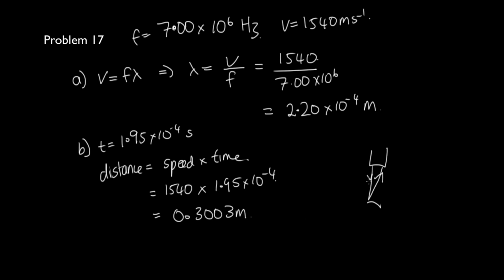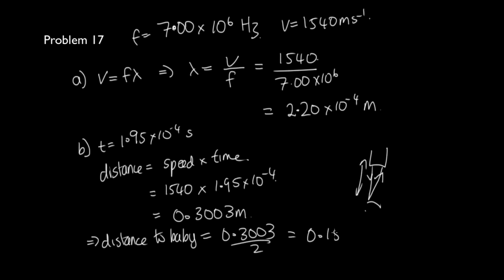Now that's the distance travelled by the signal, which is actually twice the distance to the baby, as the signal has to travel to the baby and then back to the scanner. So this tells you that distance to baby will be half of this, which is 0.3003 on 2, which is equal to 0.150 meters to 3 significant figures. And that's the end of this tutorial set.